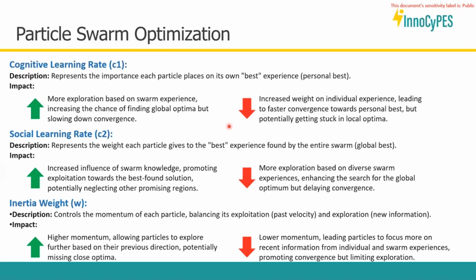If you decrease it, you have the opposite effect. With the social learning, you increase the swarm knowledge sharing, promoting exploitation towards the best found solution at that point, potentially neglecting other promising regions. And inertia gives momentum to the particles, allowing them to explore further based on their previous direction, potentially missing some close optima also. So you need to find some common ground in which you can balance all these hyperparameters together.